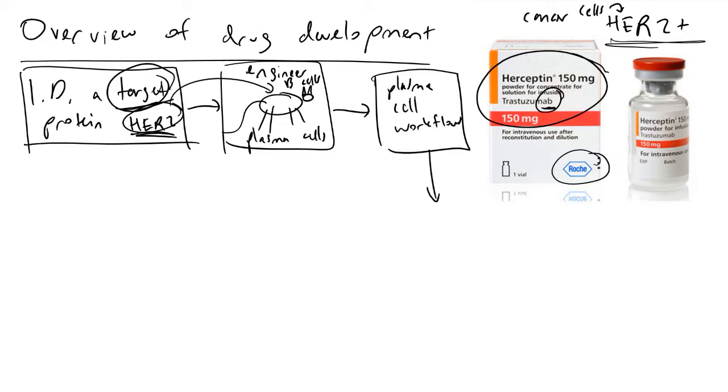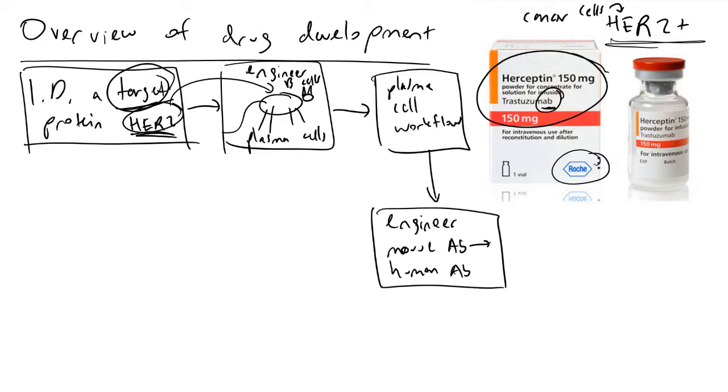But what we want to do next is engineer the mouse antibody to be compatible with human antibody. There are many series of steps here, but we modify the Fc region and keep the variable region of our antibody intact.